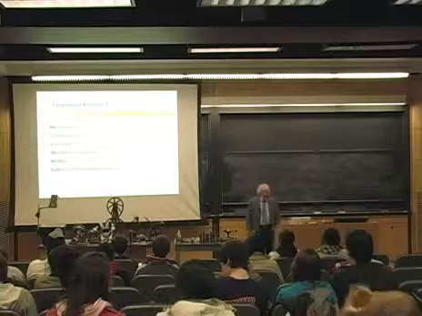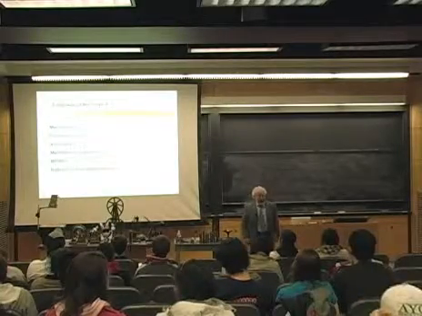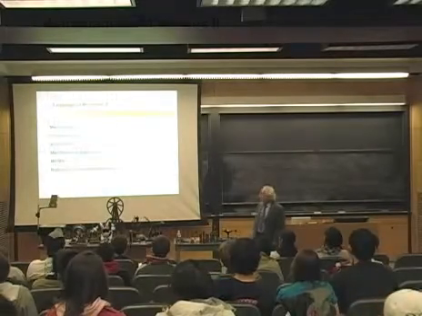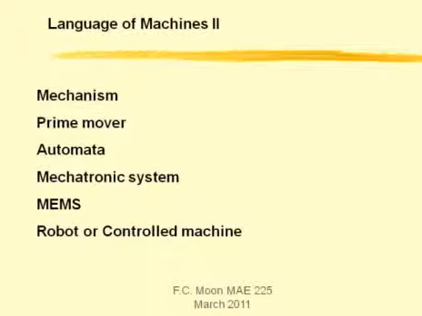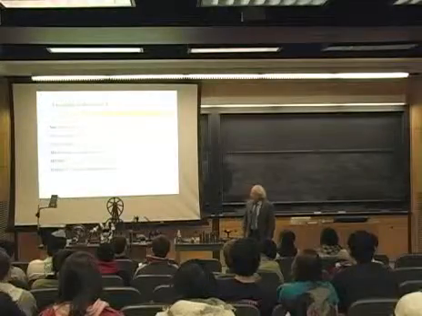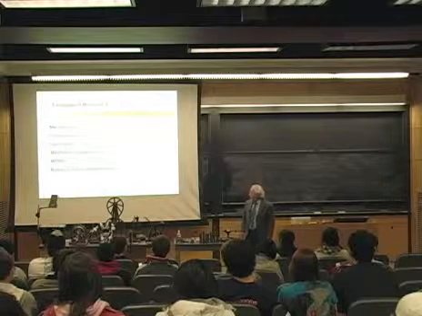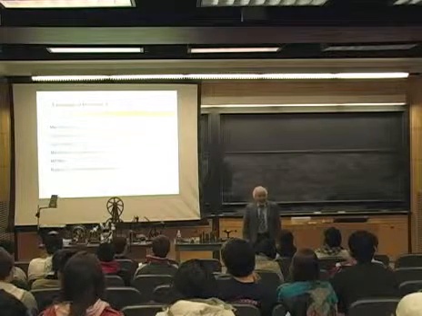So besides things like machine elements, we have the idea of a mechanism, a prime mover, automata. That gives the idea that somehow there's a program that tells the machine what to do. Mechatronics. Some of you will take the course in mechatronics. And then the idea of micro machines. The MEMS is micro electromechanical systems.